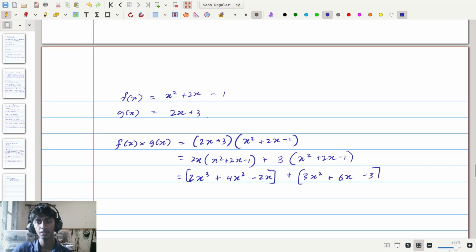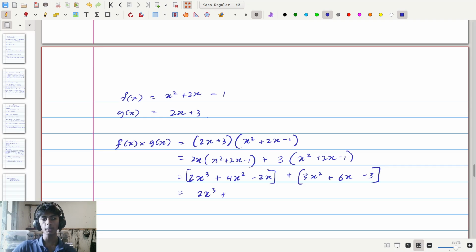Now we can remove the brackets and add the terms which have the same powers of x. By our simple addition formula for polynomials which we found earlier, the first one has an x cubed term, the second one has an x cubed term of coefficient 0. So the x cubed term in the final answer will be 2x cubed.